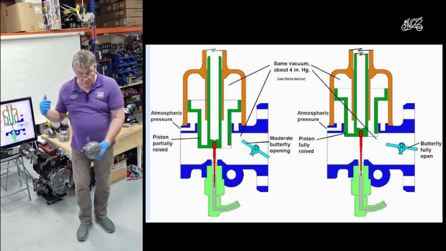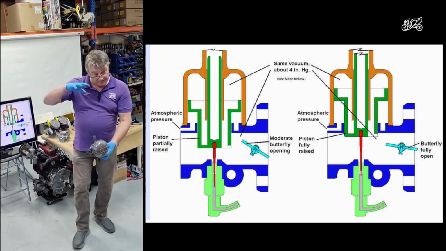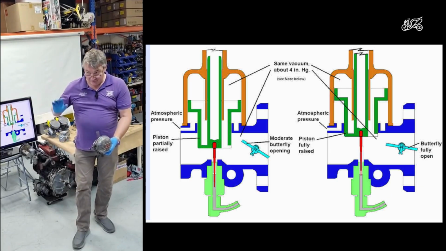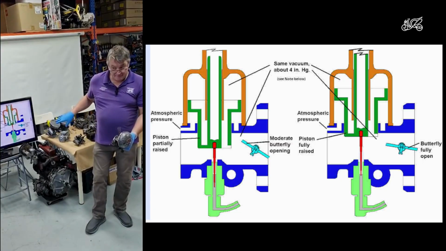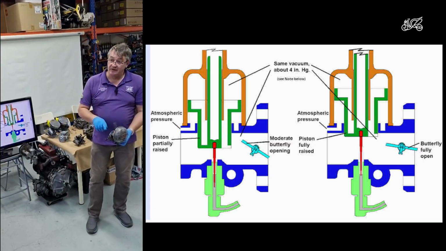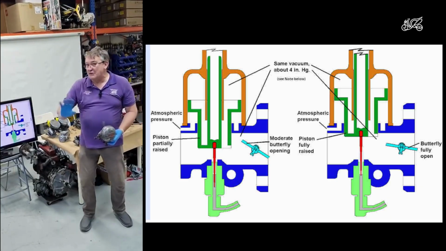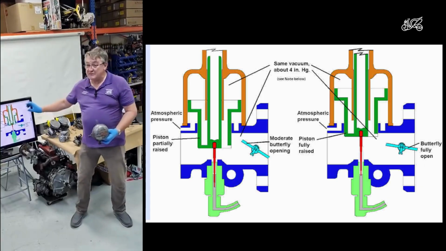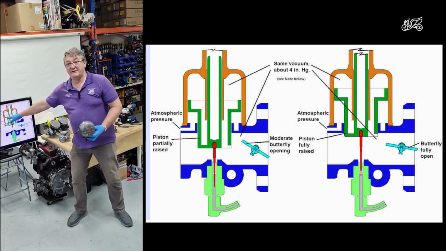And then to deal with the acceleration enrichment, you've got both that damper and there's a spring in here. So that spring is trying to push the piston down. Yeah. So when you accelerate, the damper and the spring resist the piston going up. So for that moment, it's no longer constant depression. So now the air's got to flow through that small space.